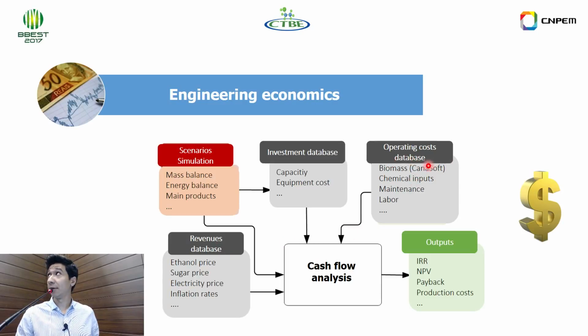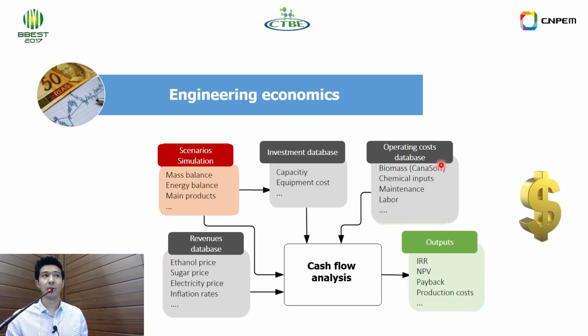In order to calculate the operating cost or the OPEX, as I said, we have a very reliable value for biomass costs. We estimate it on Canasoft. However, we need to have other kinds of cost databases, for example, chemical inputs, maintenance, labor, other utilities we use.